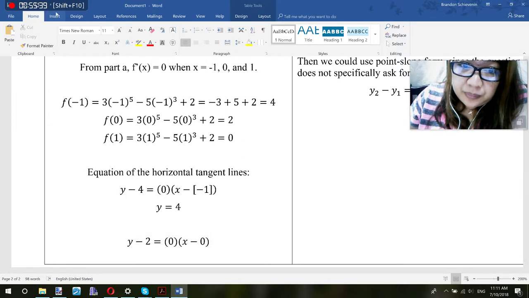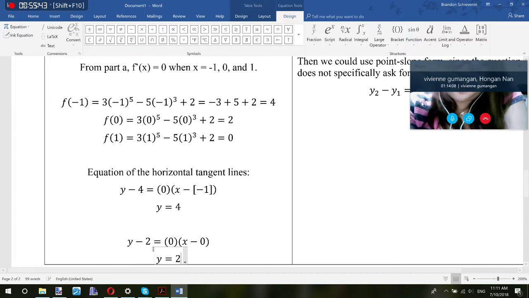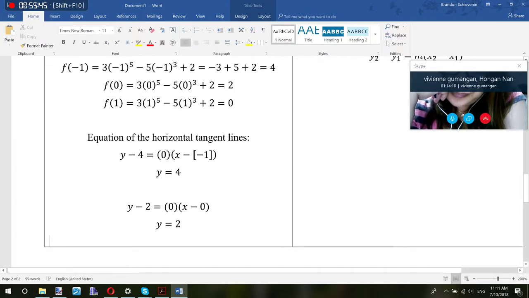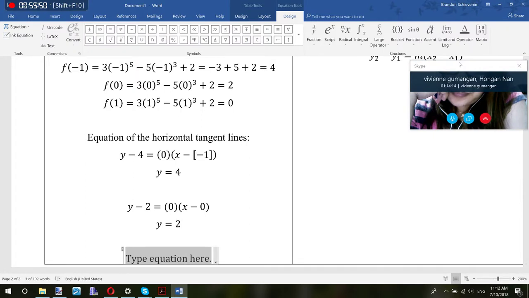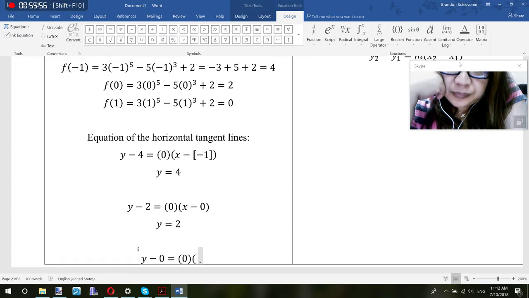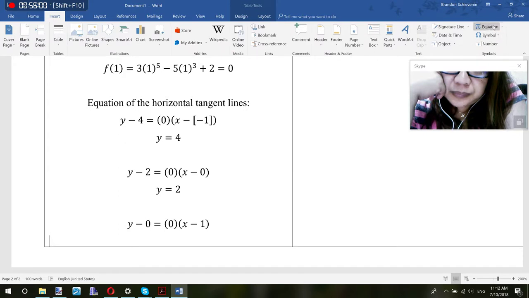So y equals 2. Okay, and last one. y minus 0 is equal to 0 times x minus 1. So y is equal to 0.